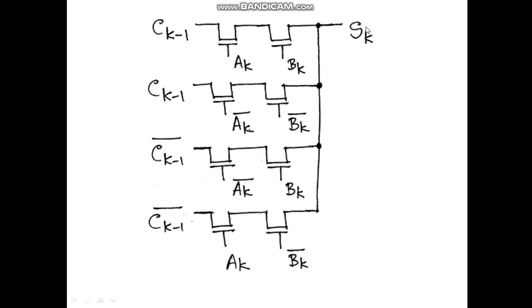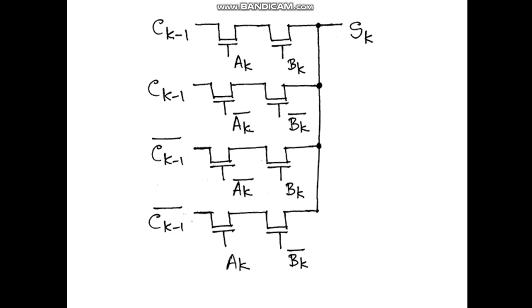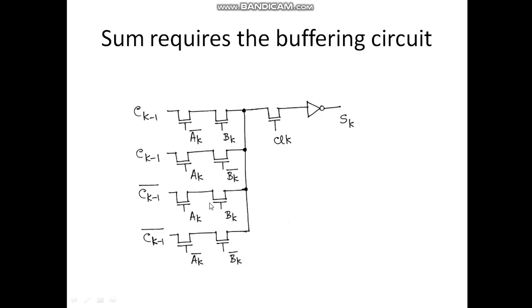Since we have used an inverter at the output end, when Ak and Bk are both the same, we have to give an input Ck-1 bar, because the inverter at the output end will complement the input and give you the output. So here you can see the changes that are made. When Ak and Bk are the same, that is, either 1 or 0, for both the cases, the Ck-1 bar input is given.